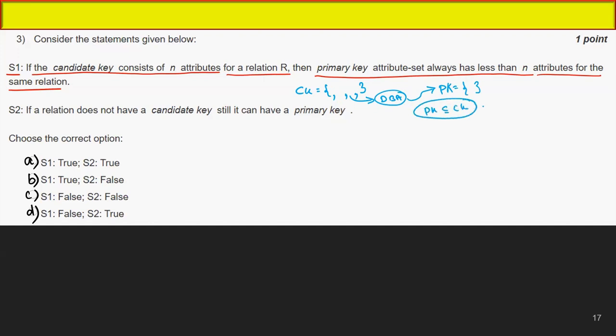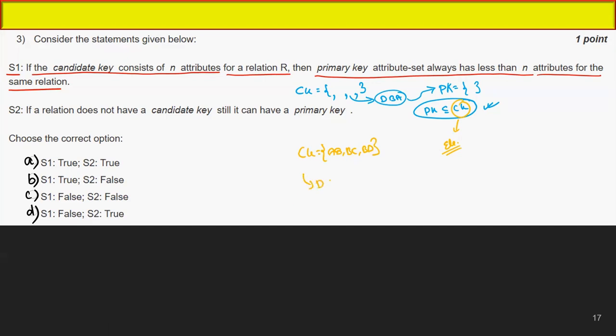Say yes or no? Can the number of elements be reduced from the candidate key? Say for example, the candidate keys are AB, BC, BD.